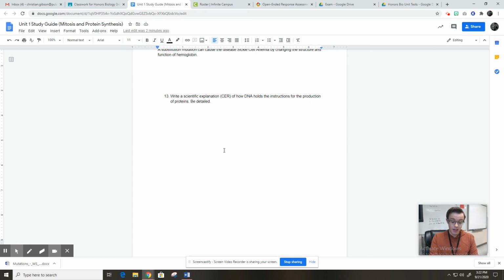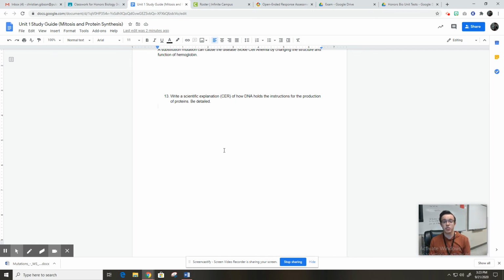So I would say transcription is one piece of info, and if you wanted to expand on that, you could say transcription is where DNA is copied into mRNA. You don't want to explain anything yet. You just want to type information on your evidence. Then you can do translation. Translation is where mRNA is translated into proteins. You could also say ribosomes make proteins. You can just type information here.